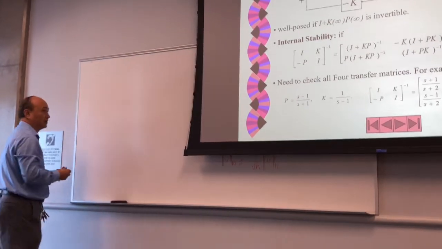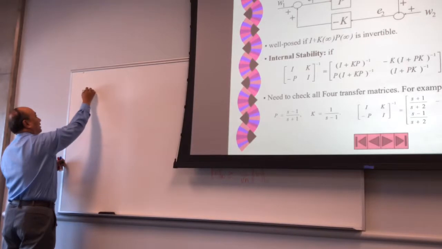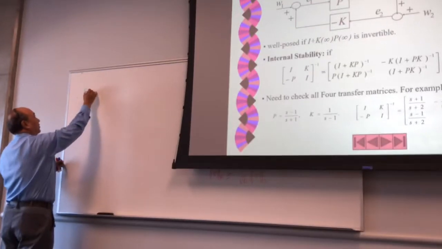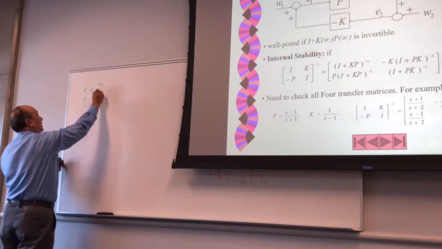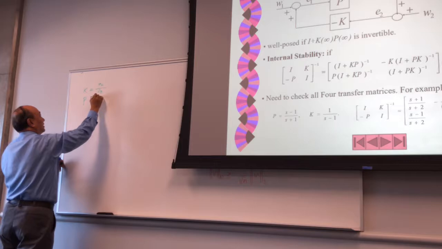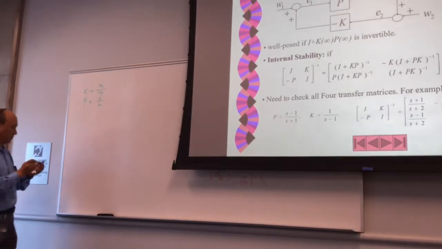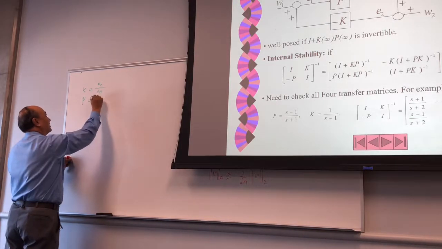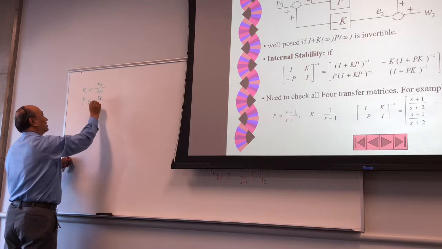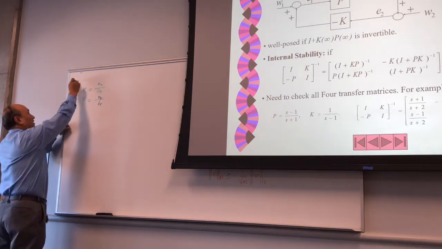If you have K or P, you can also write N_K divided by D_K, and N_P versus D_P, numerator polynomial over denominator polynomial. So this is a SISO setting, right?